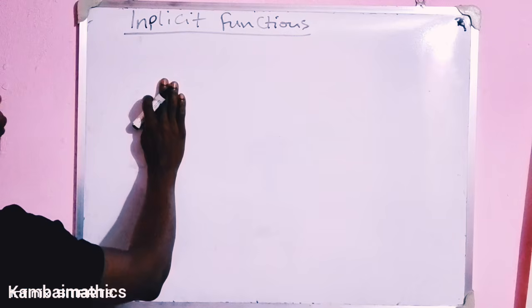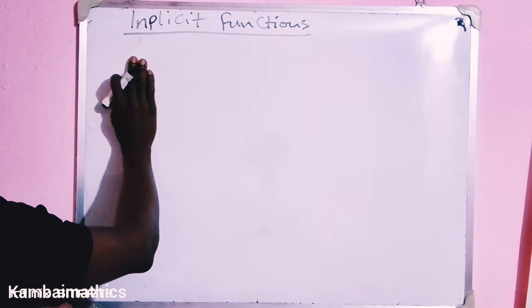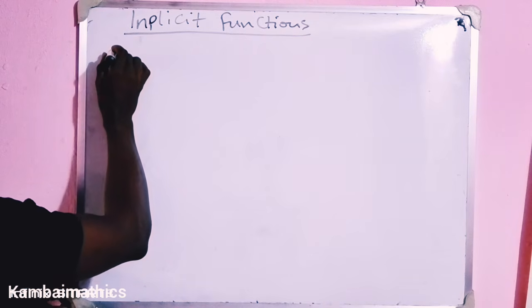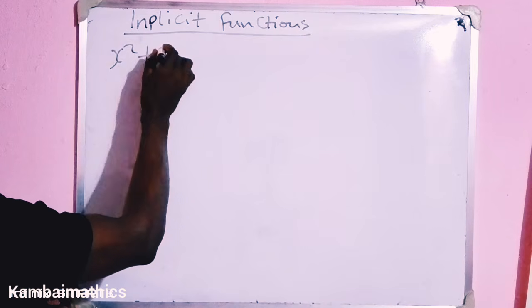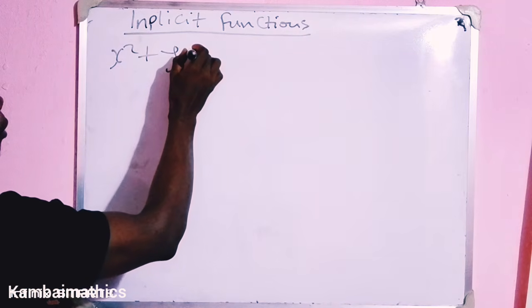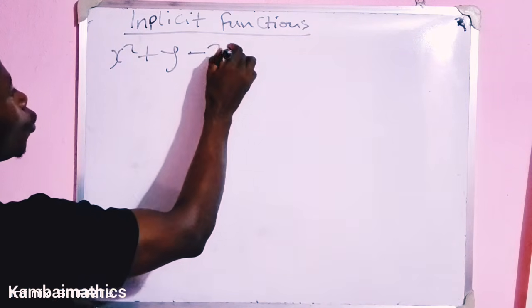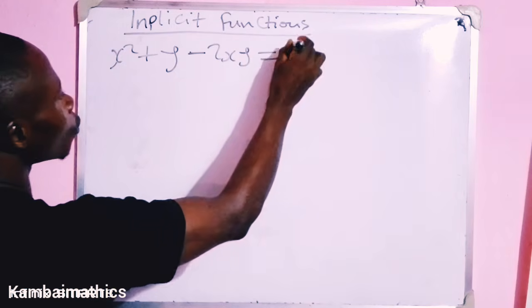For instance, if you have x squared plus y minus 2xy is equal to 14.